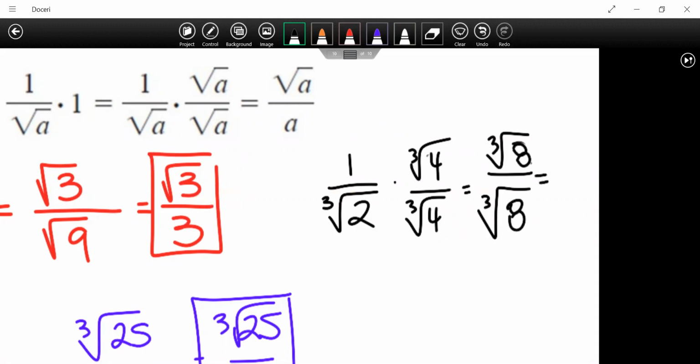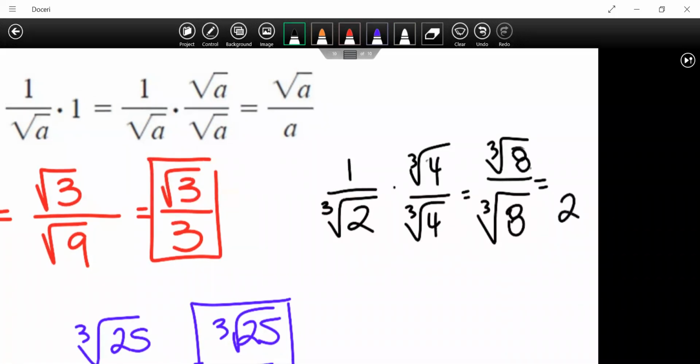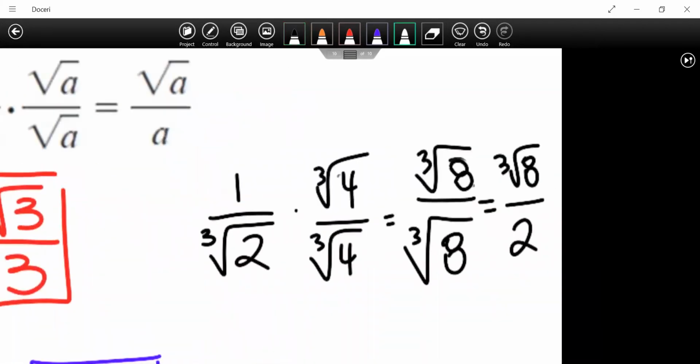And now we're going to be able to reduce down to 2. I know I can still reduce on the top. Oh no, it's 4. Wrote it down wrong.